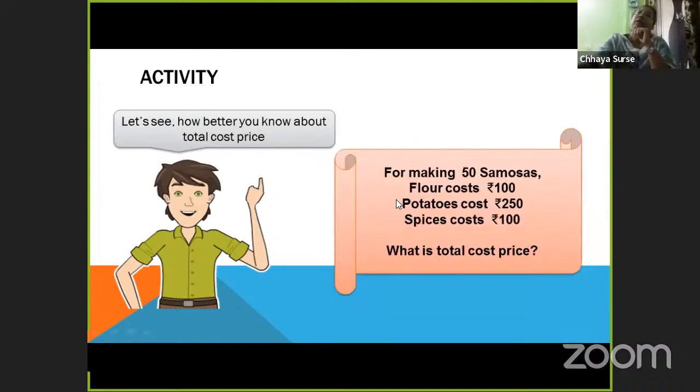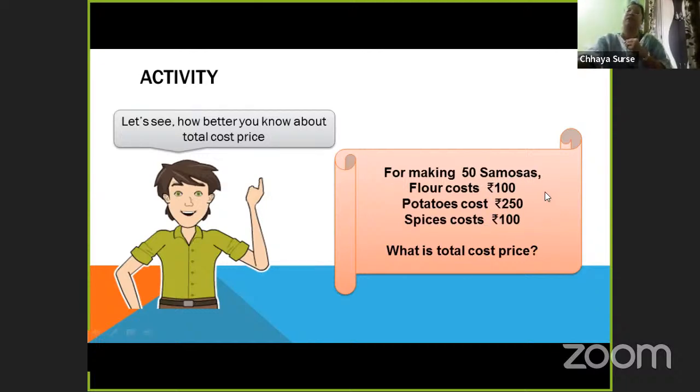Now, for making 50 samosas, flour costs 100 rupees, potatoes cost 250 rupees, and spices cost 100 rupees. When we sum these numbers, that is called the total cost price. What is the total cost price for making 50 samosas?